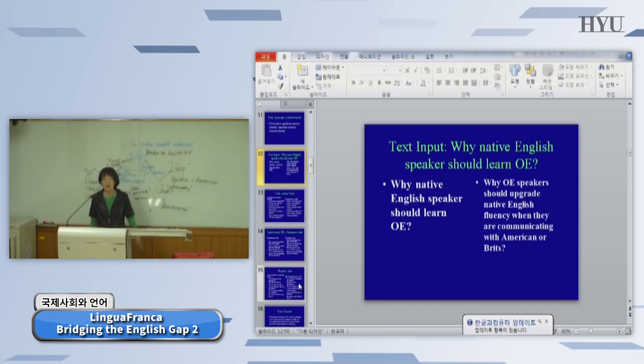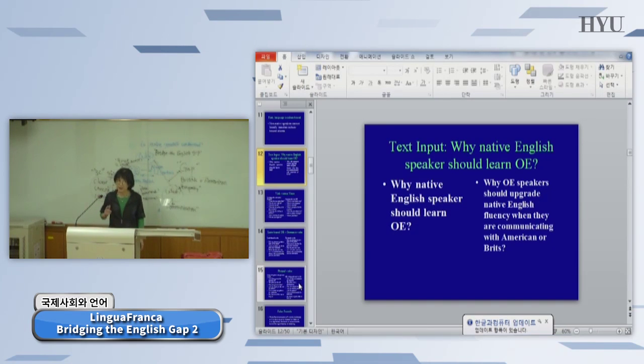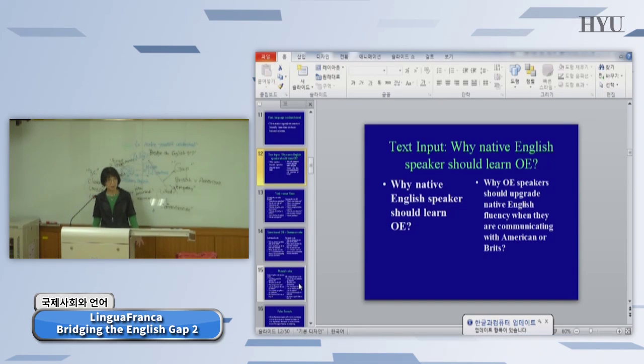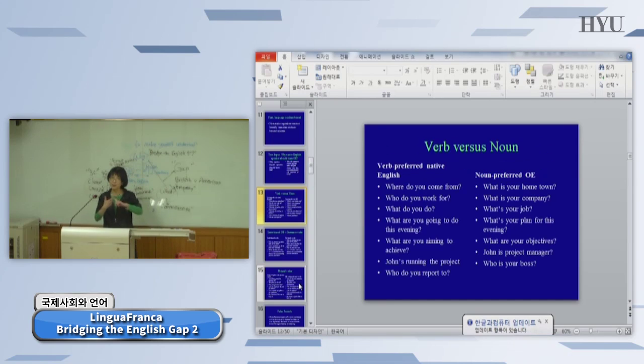Native speakers should learn offshore English, especially if you're an American manager and your client is Indian, or your supplier is Korean, and your consumers are Japanese. You should be serious about offshore English. So it should be mutual, so we need to bridge the gap.